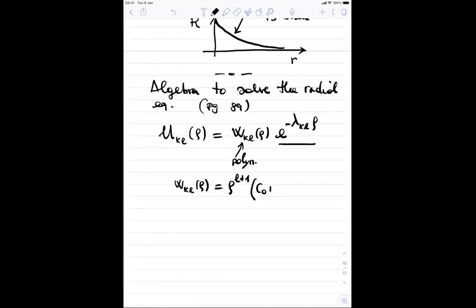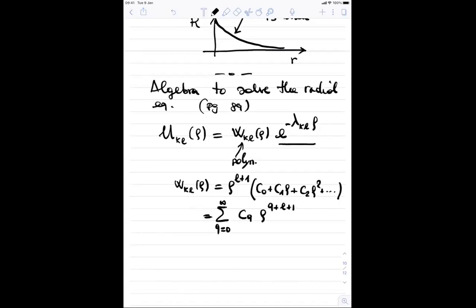So a constant plus C1 rho plus C2 rho square plus anything you might want. Not only a polynomial, in fact, an infinite power law I allow. So I write this as the sum over some integers Q going from 0 to infinity of some CQ times rho to the power Q plus L plus 1.